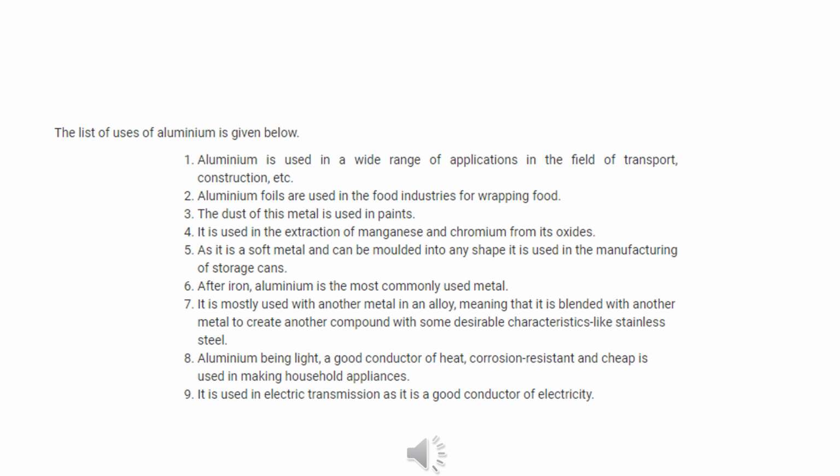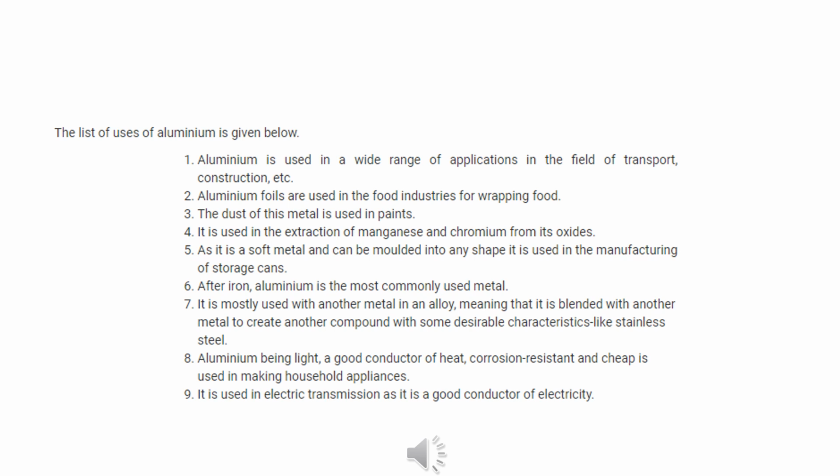An aeroplane is an object that flies in air and thus requires a lightweight material, and one of the lightest metals known is aluminium.